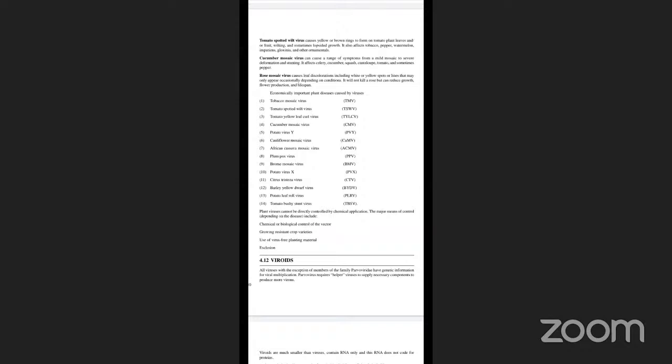Different viruses cause different diseases: potato virus, cauliflower mosaic virus, barley yellow virus.